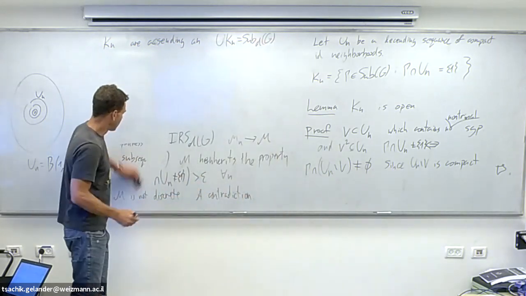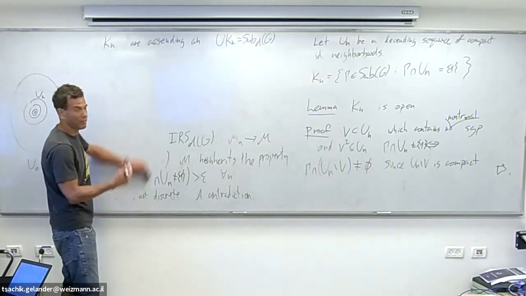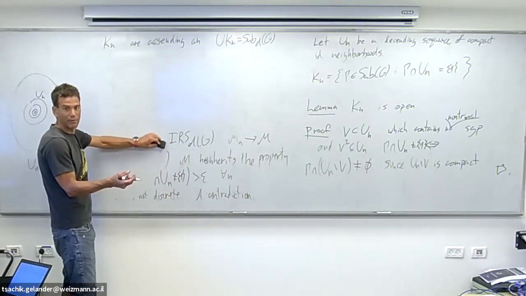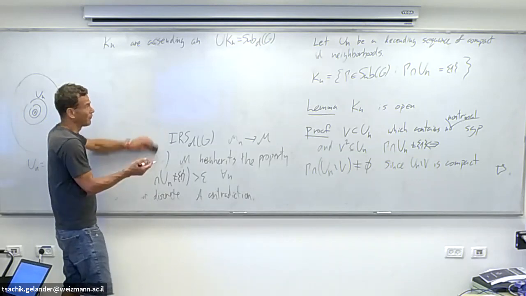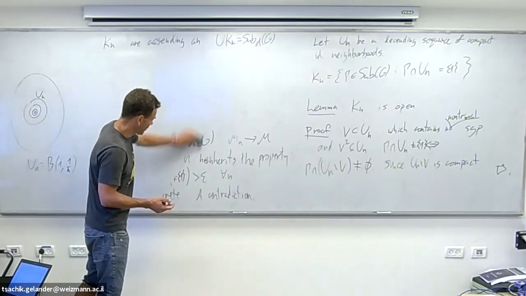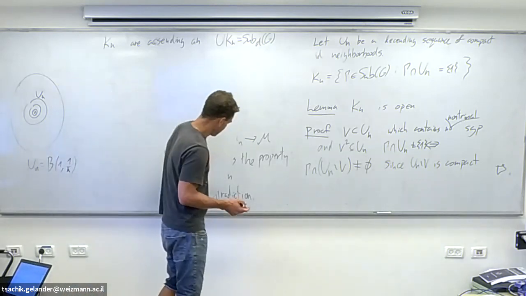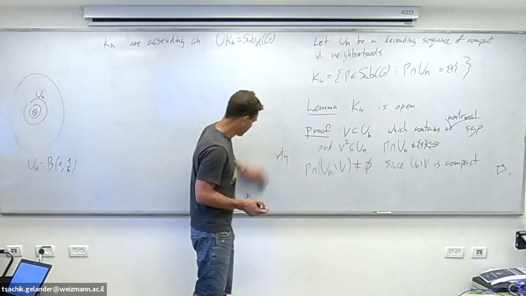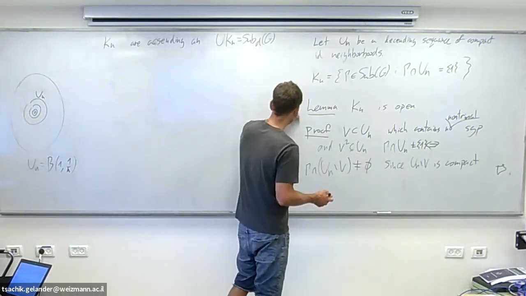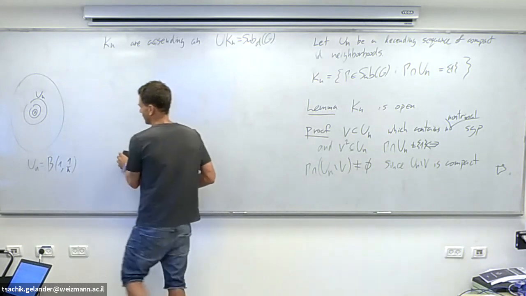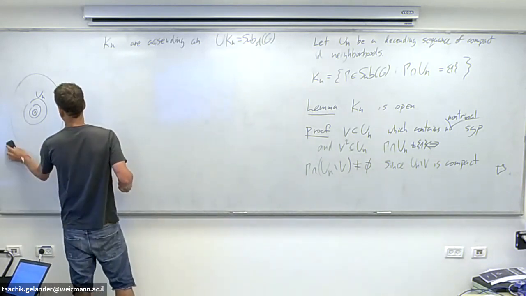Every discrete group intersects trivially some UN, some identity neighborhood. Therefore, it is in some Kn.